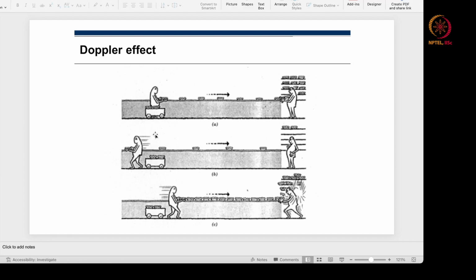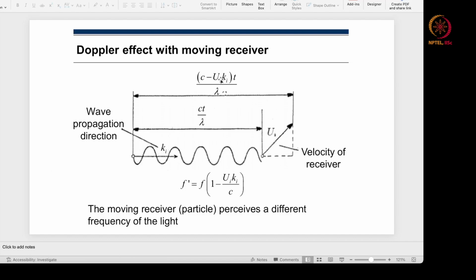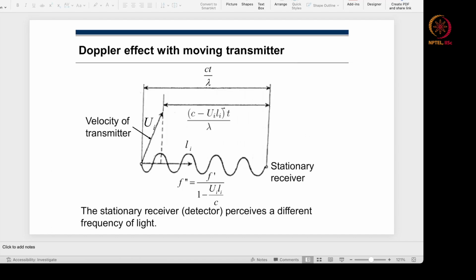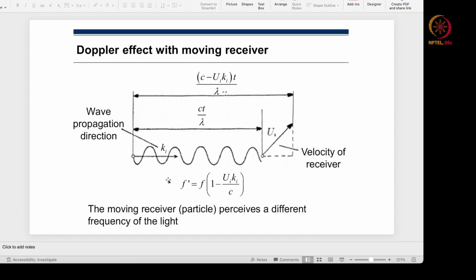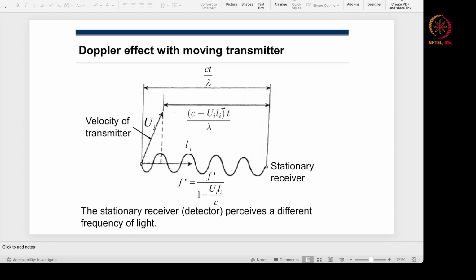Here, of course, the transmitter was the person who was moving. In this case, we have two situations: one in which the receiver is moving, and the other when the transmitter is moving. In the latter, the stationary receiver perceives a different frequency. In the former, the moving receiver perceives a different frequency of the light. So these are the two things that happen in these two cases.